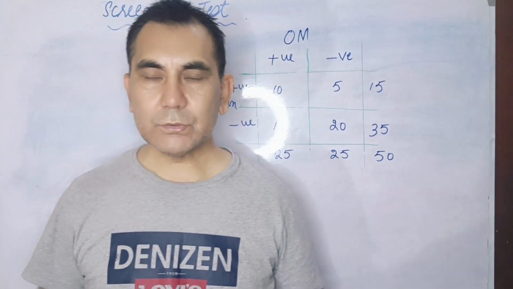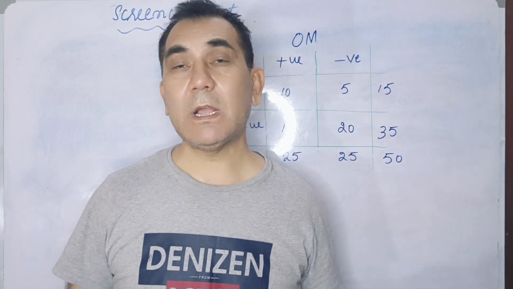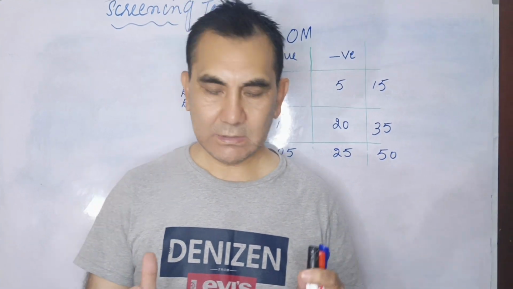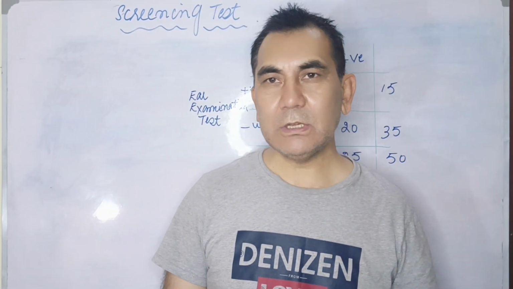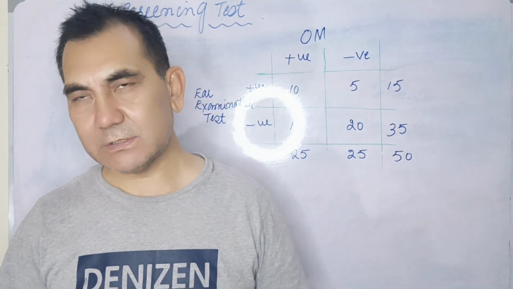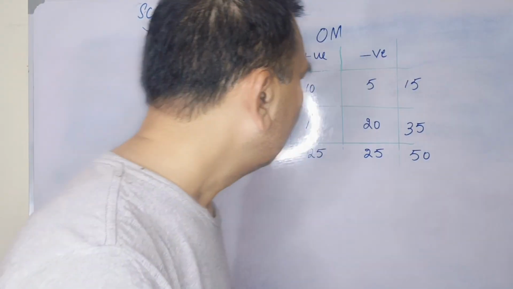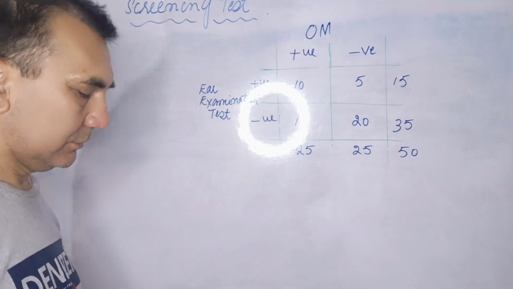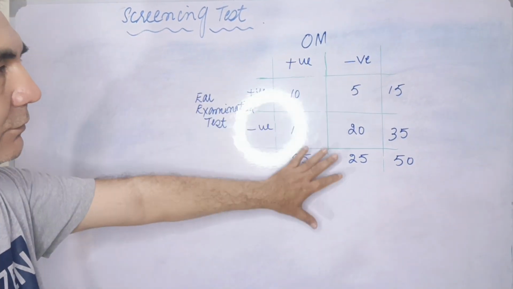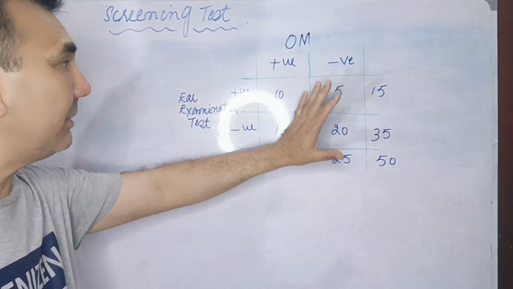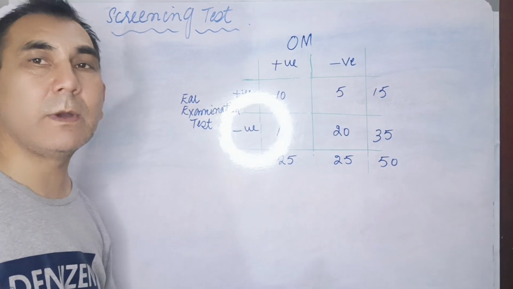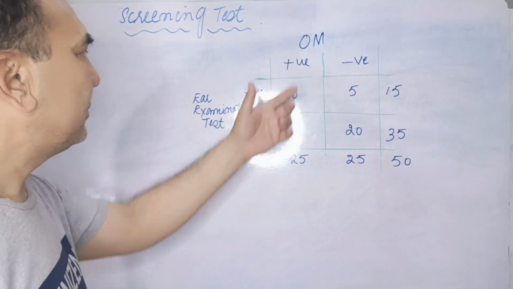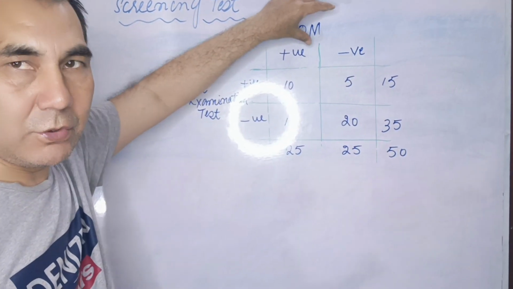Let us solve an example to clear our concept about sensitivity, specificity, false positive and false negative. Let's go through this 2 by 2 table, in which OM is otitis media.